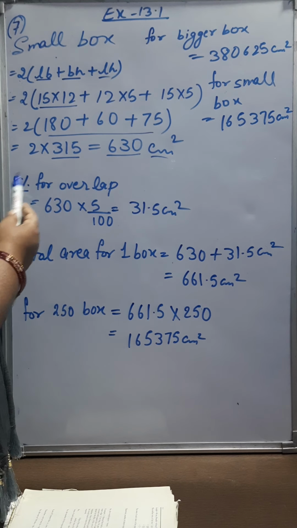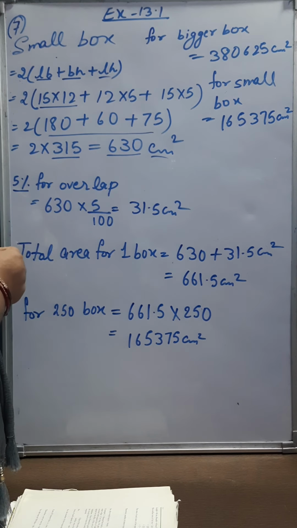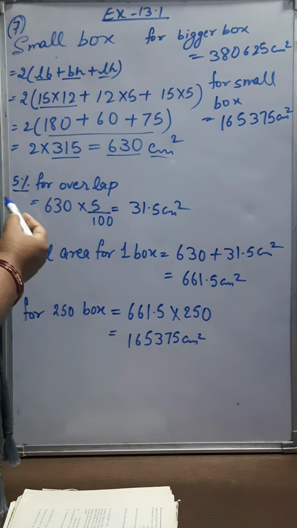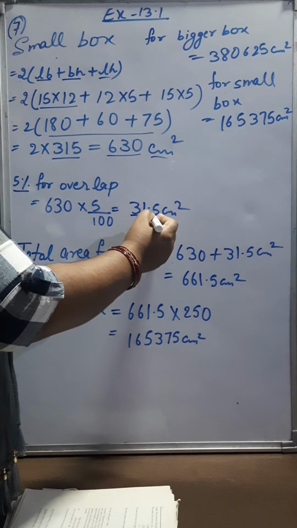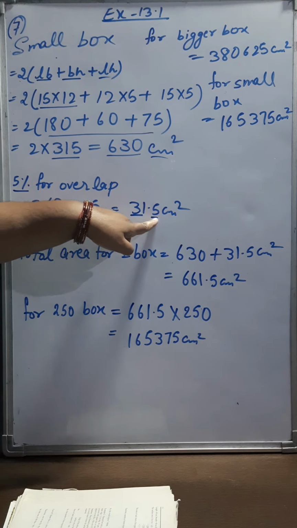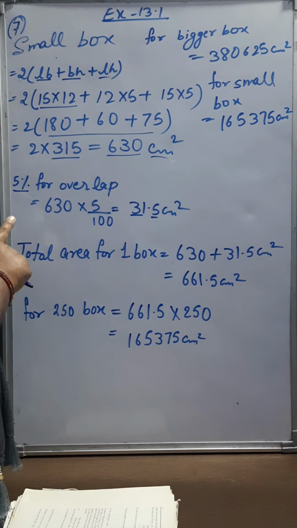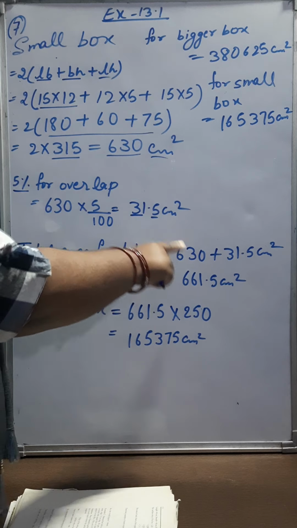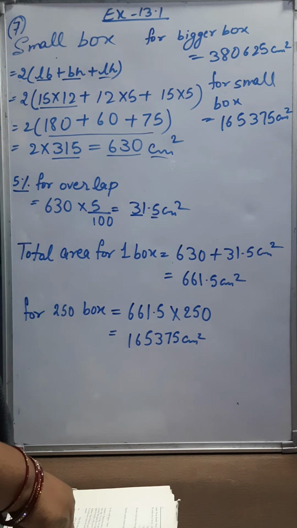Here also 5% is required for overlapping. So let us calculate the 5% of 630. So 630 multiplied by 5 by 100 is 31.5 centimeters square. This means for each box we need 31.5 centimeters square extra cardboard. So total area for one box is 630 plus 31.5 centimeters square for overlapping.